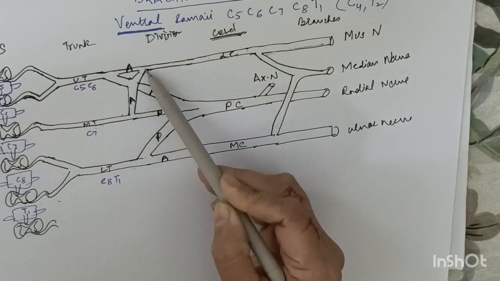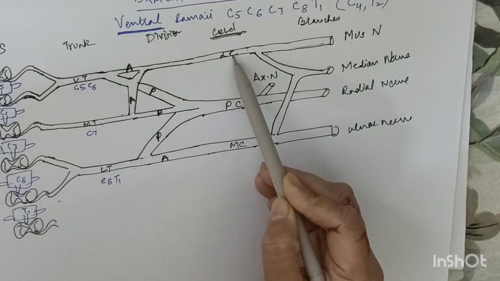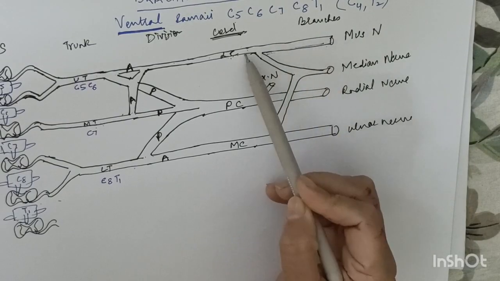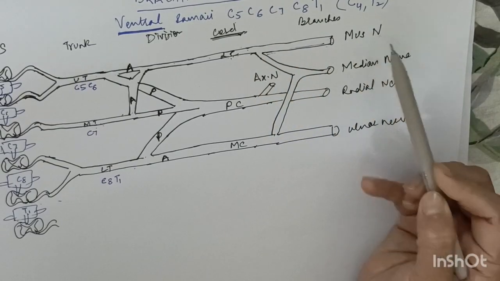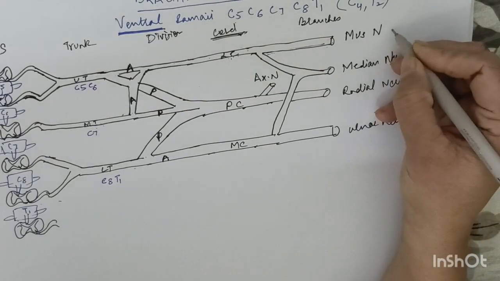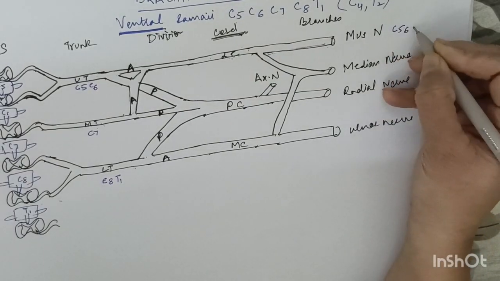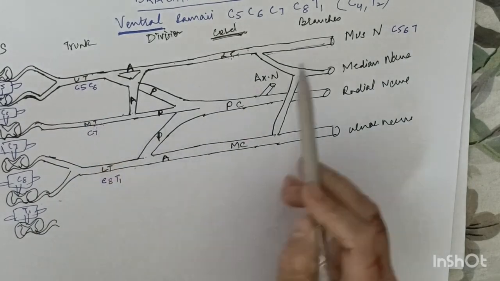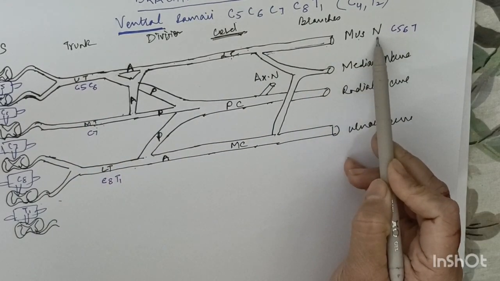So the anterior divisions combine together to form the lateral cord. This lateral cord is then further divided into one branch which forms the musculocutaneous nerve. That is why its root value is C5, C6 and C7, because the anterior divisions of the upper trunk and middle trunk help in the formation of the musculocutaneous nerve.